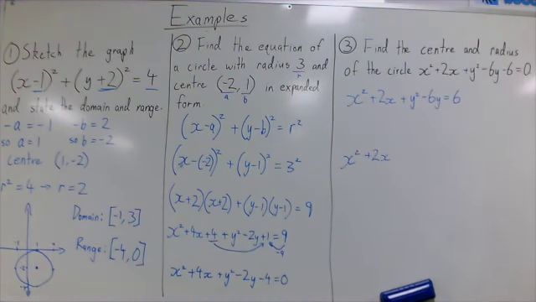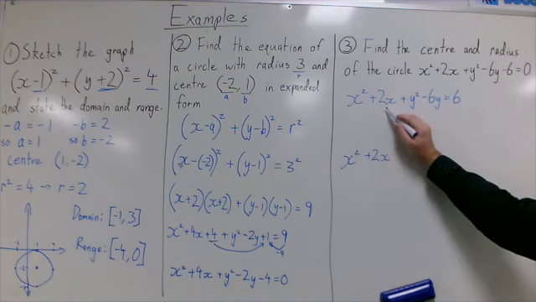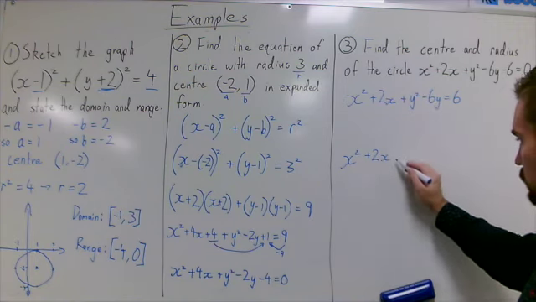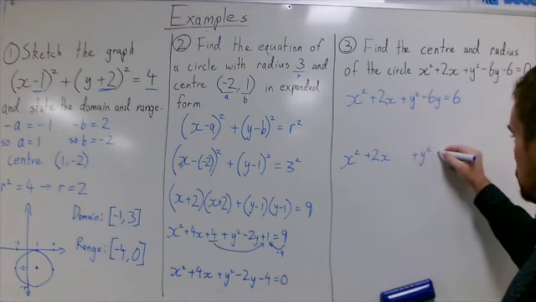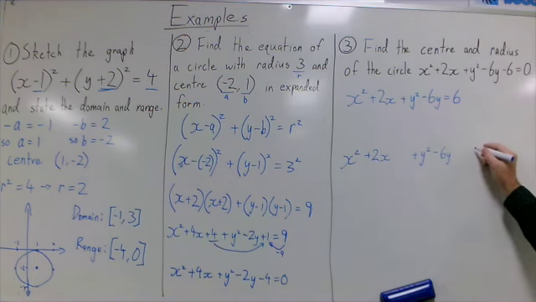But in this case, we're going to have two perfect squares, because we're going to have a perfect square for the x squared and the 2x. We're also going to have a perfect square for the y squared and the minus 6y. So I'm going to leave a space there next to the 2x, then write the plus y squared minus 6y, again leave a space, and then equals 6.